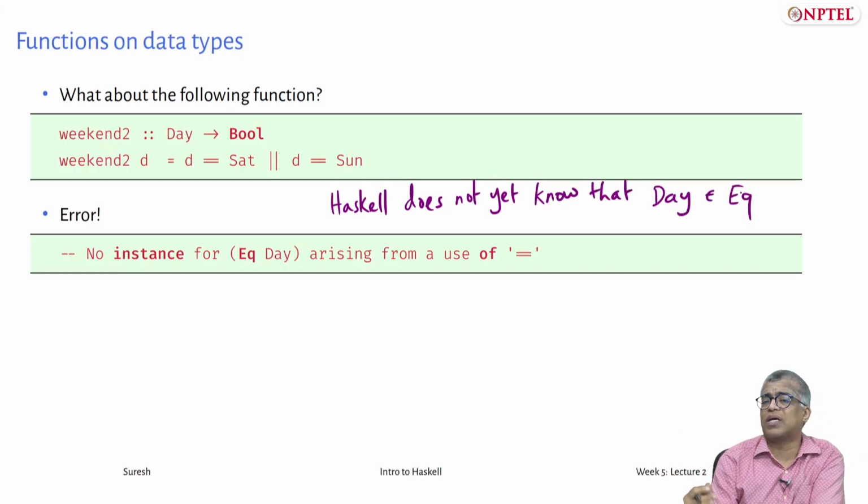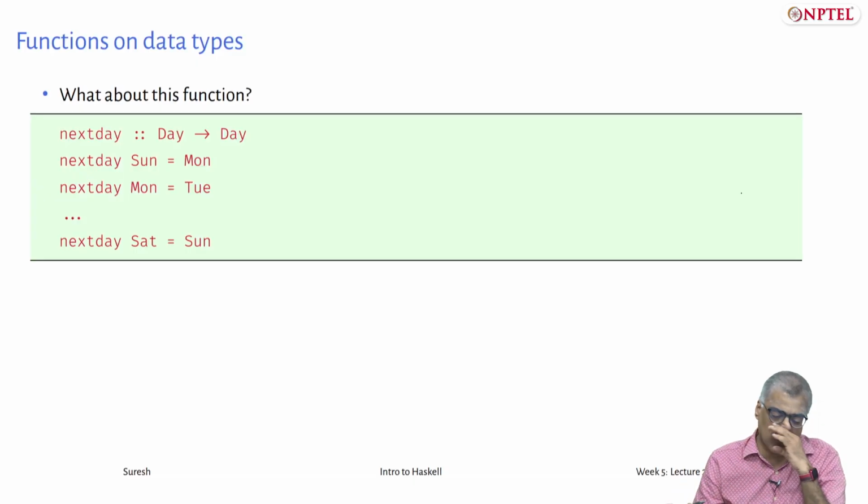Remember, Eq is a type class, a collection of types. Day is a type. Whether Day belongs to Eq or not, Haskell does not know. In fact, as far as Haskell is concerned, Day does not belong to Eq because it is a new type that we have defined and we have not mentioned anything about equality checks being allowed on values of type Day. So to fix this, one more example before we fix this.